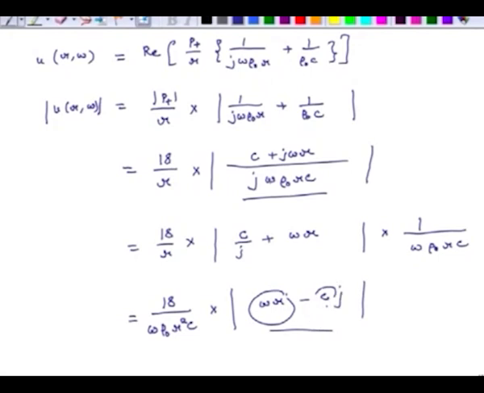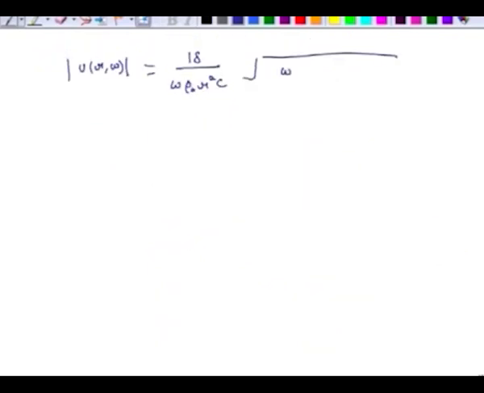So, I have to take the magnitude of c j also, which is c. So, what I get is omega r, whole thing squared, plus square of c, and now I know that omega equals 2 pi f, which is 2 pi times 100 hertz. So, that is 628.3.